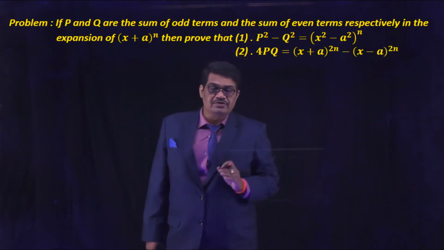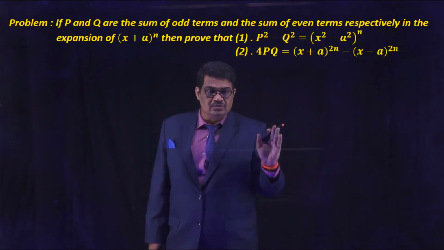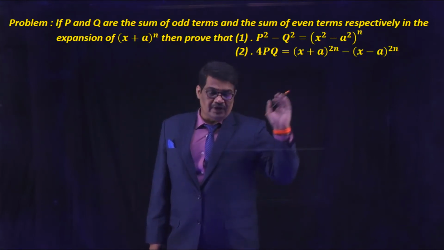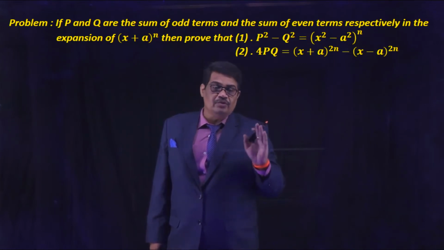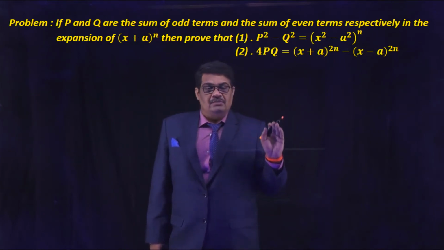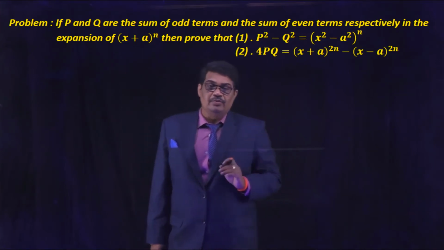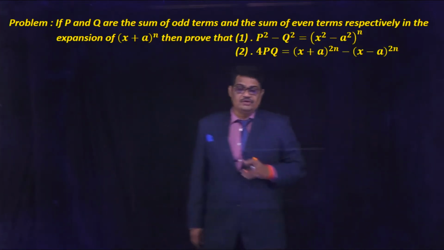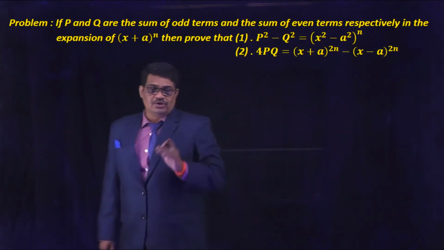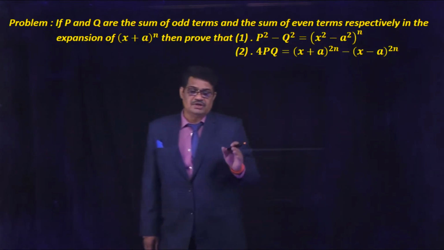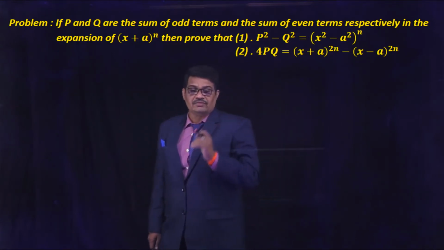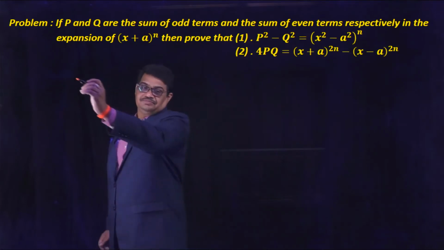First one is P² − Q² = (x² − a²)^n, and second one is 4PQ = (x + a)^2n − (x − a)^2n. So now we are proving these two results. Here P and Q are the odd terms and even terms in the expansion of (x + a)^n. See the solution.